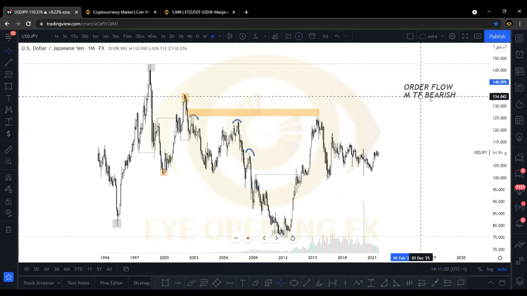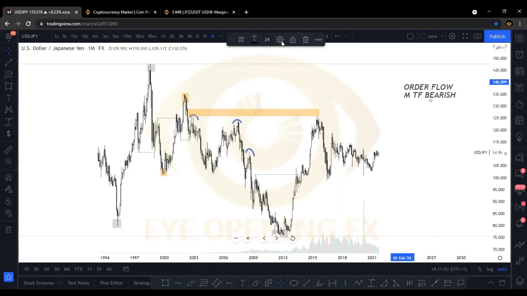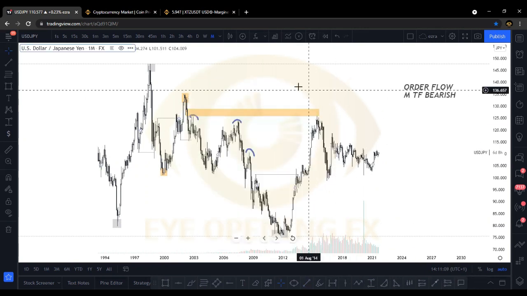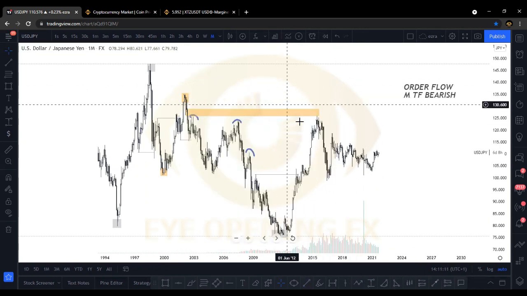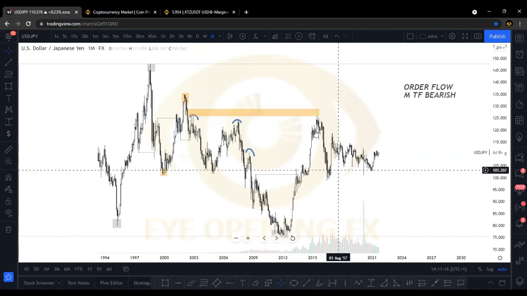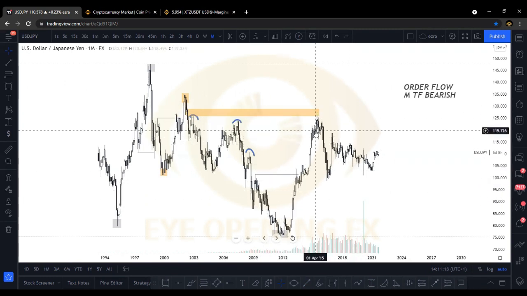Since this time frame is bearish and weekly is bearish, two time frames make an order flow.